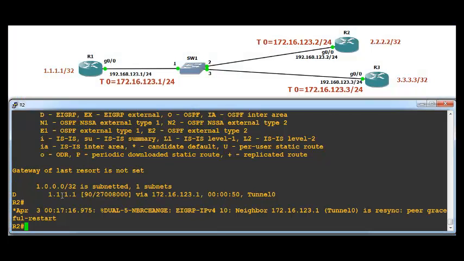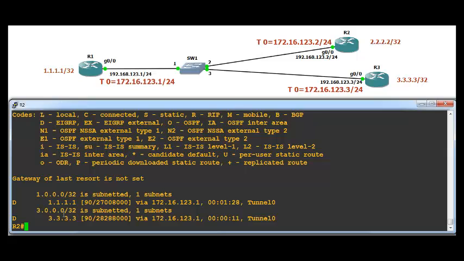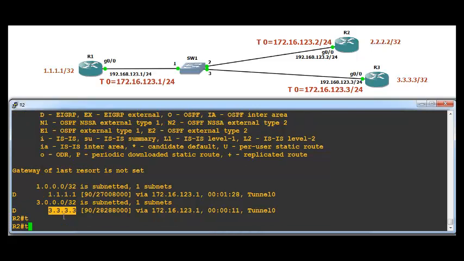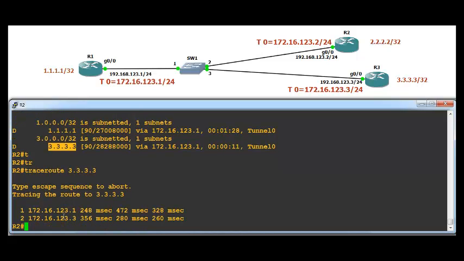Previously I was seeing only 1.1.1.1. Now I can see 3 also. Yeah? Now I'll traceroute 3.3.3.3. Now you see it is going via the hub. Do you see that? It is not going directly.